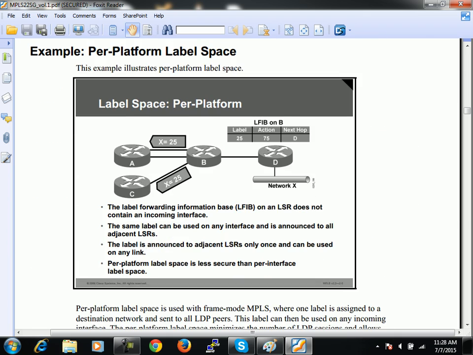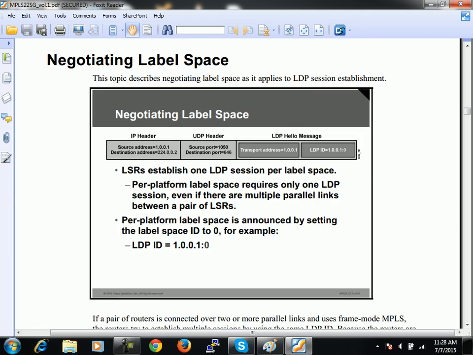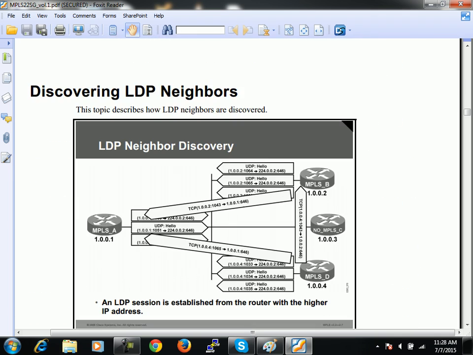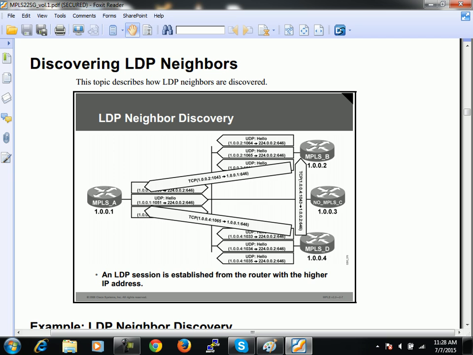As you can see, in LDP neighborship they send hellos to each other using UDP port number 646 and multicast address 224.0.0.2, and then they form a TCP session, and the TCP session will always use a unicast address. It will never use any multicast address.